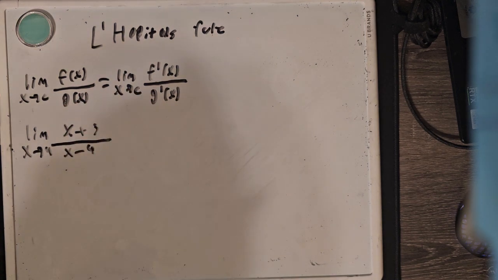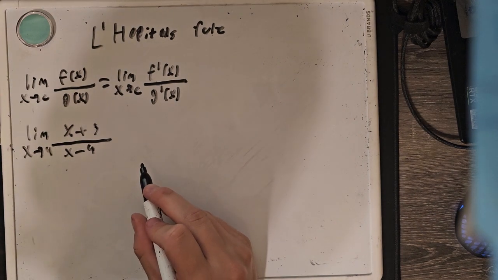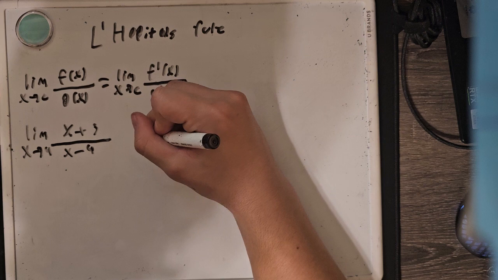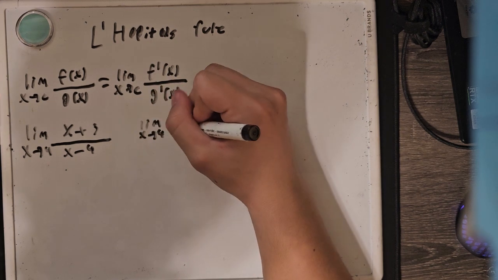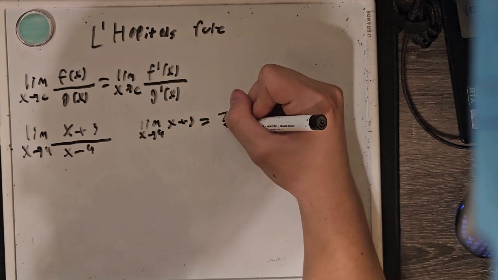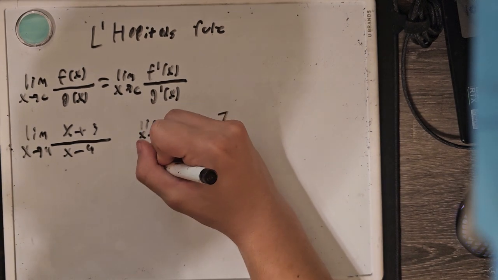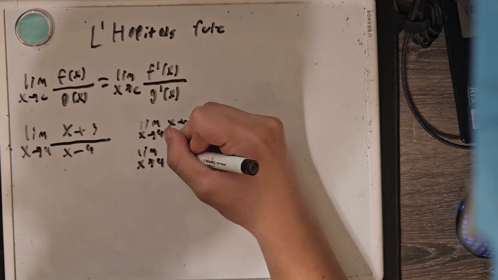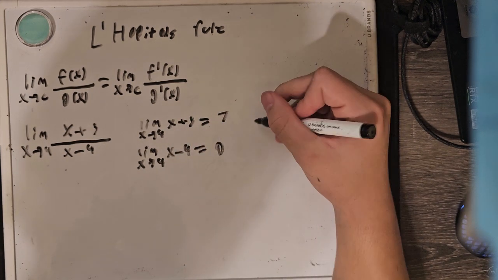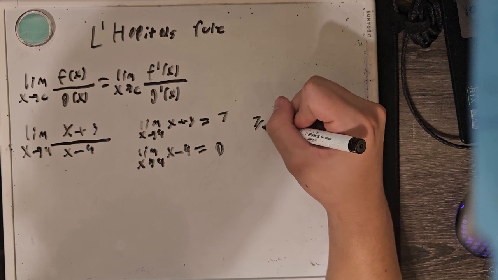If we were to use direct substitution, well, first we have to prove it. So the limit as x approaches 4 of x plus 3 equals 7. Now the limit as x approaches 4 of x minus 4 equals 0. So that would mean the limit is 7 over 0.